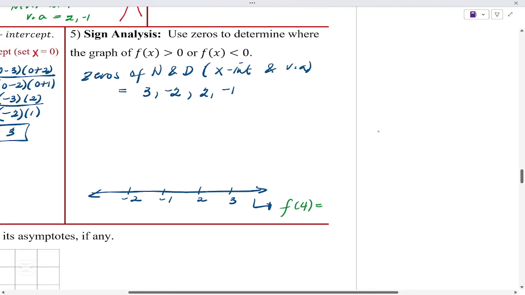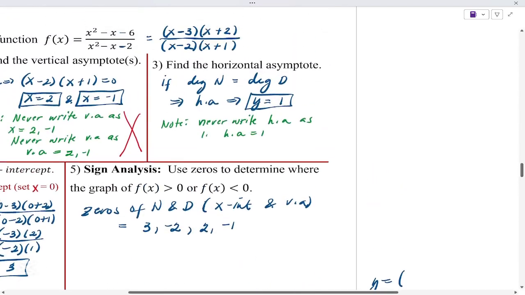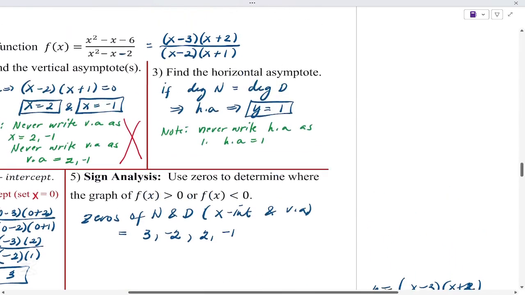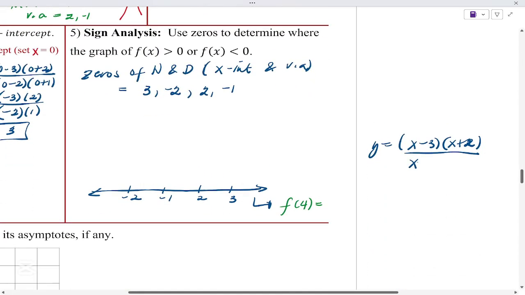Let us recall the function. The function is y equal to (x minus 3)(x plus 2) divided by (x minus 2)(x plus 1).